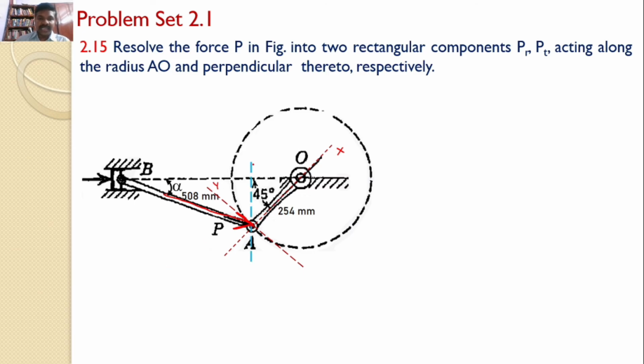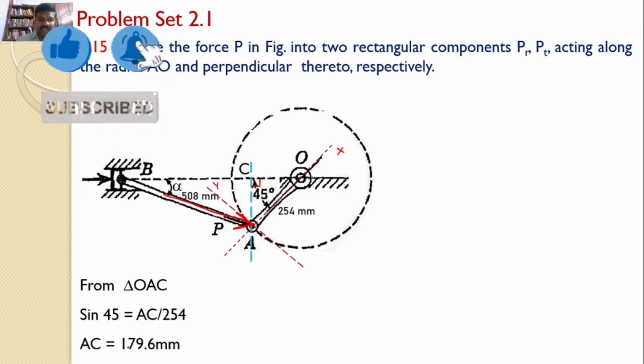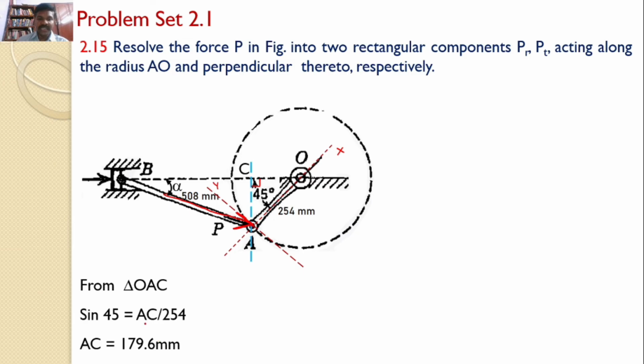Now let us draw a vertical line passing through A, and I will name the point here C. Consider the right angle triangle OAC. Then sine 45 is equal to the opposite side AC by this OA, that is 254 mm, that value is given. Upon simplification, I will get the AC value as 179.6 mm.